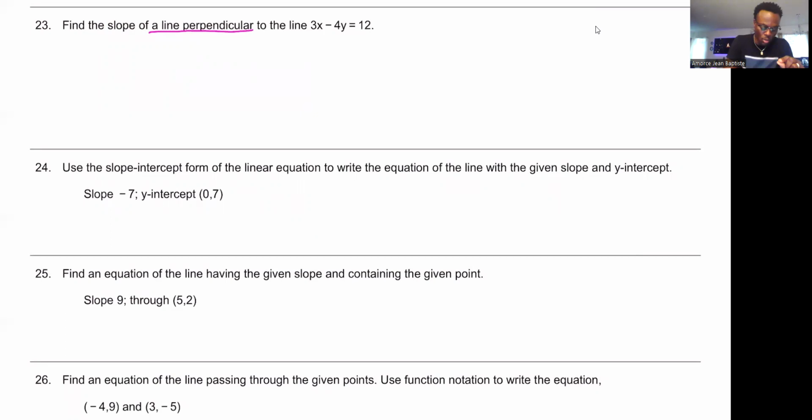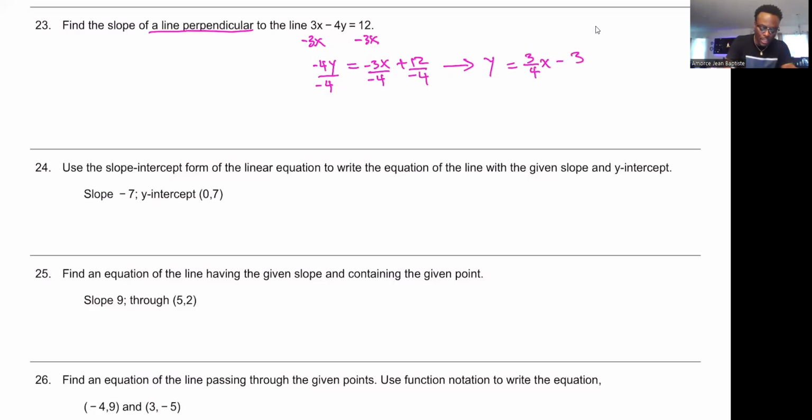So subtract 3x on both sides. We got -4y equals -3x plus 12, and then divide everything by -4, and get y equals 3/4 x minus 3.